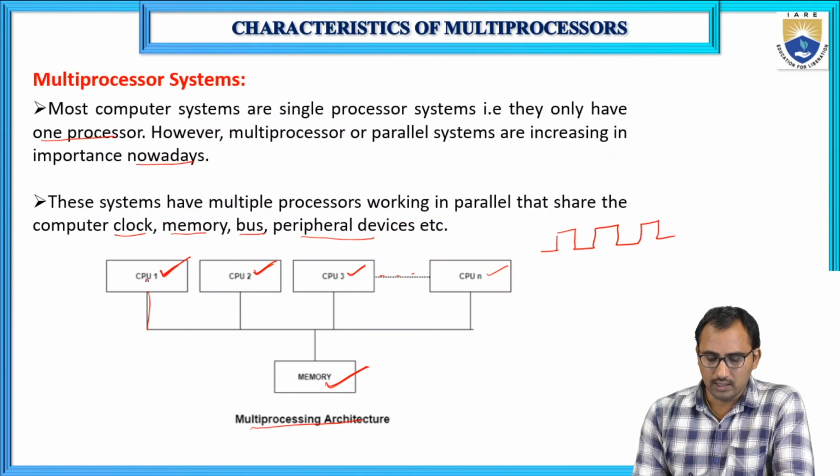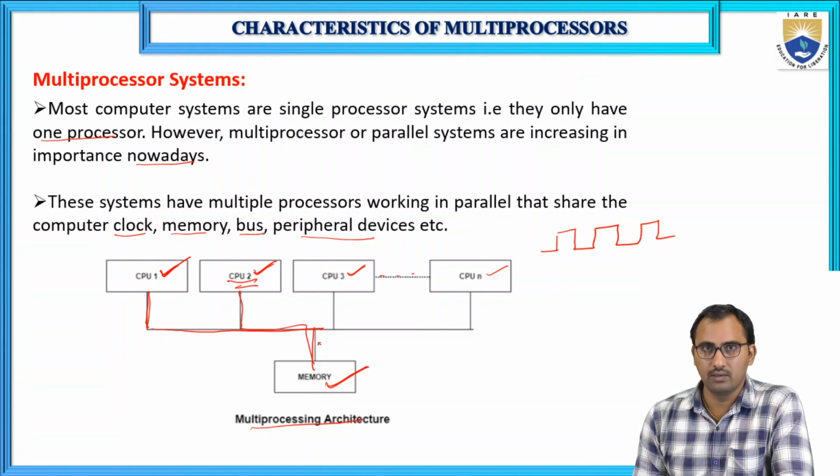Then CPU 1 will send data to the shared memory through the buses, and after that CPU 2 is able to access that data through the common bus. In this way, one CPU is able to communicate with the other CPU.